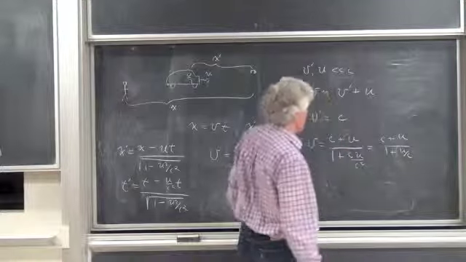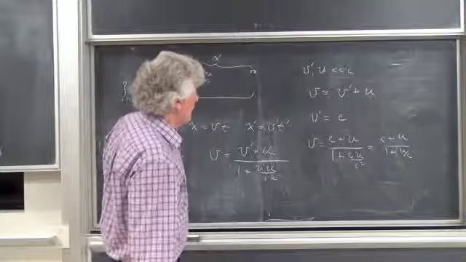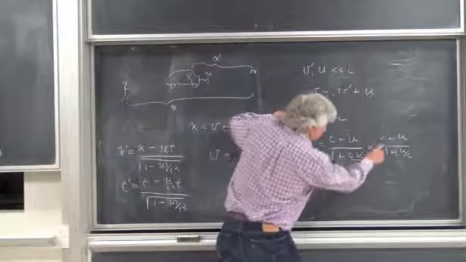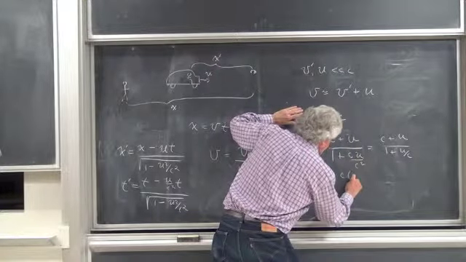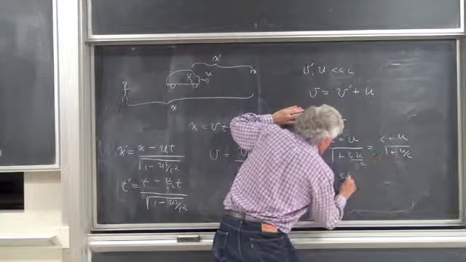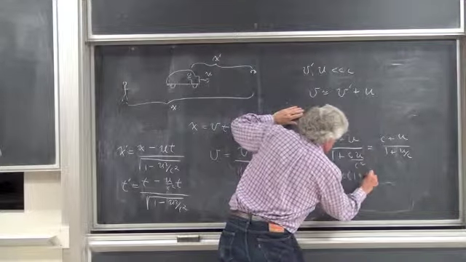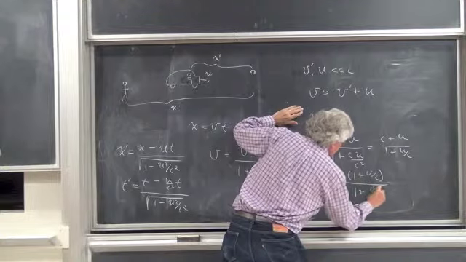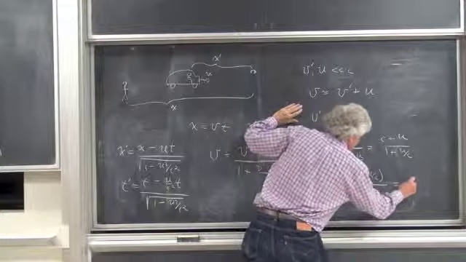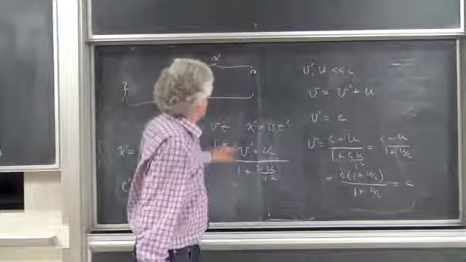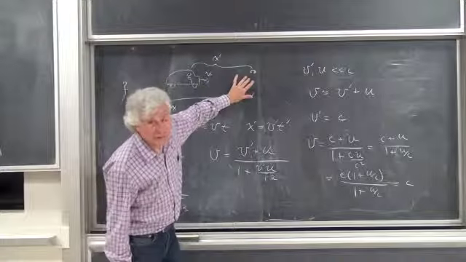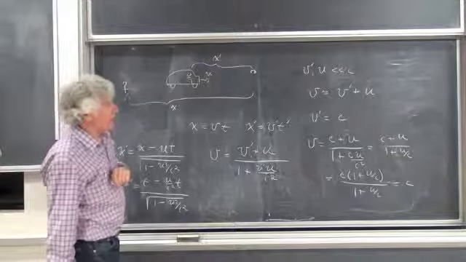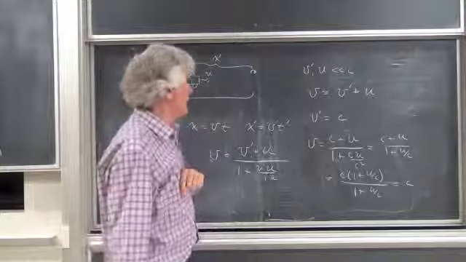One of these c's drops out. Now if I factor out a c from the top, I get c times 1 plus u over c divided by 1 plus u over c. But that's just c. In other words, if this observer sees something moving at the speed of light, the other observer, the stationary observer, will see the object moving at the same speed.